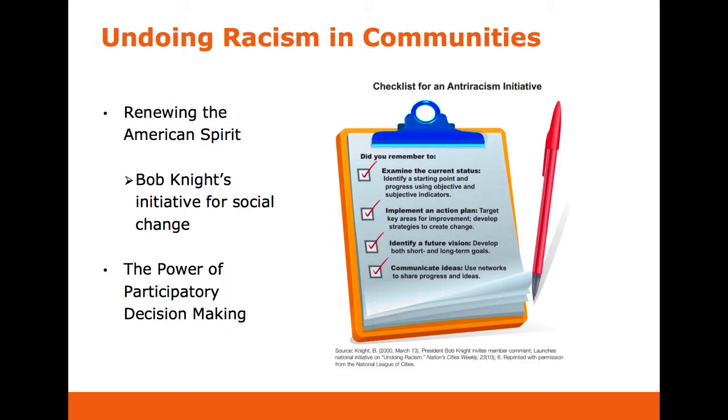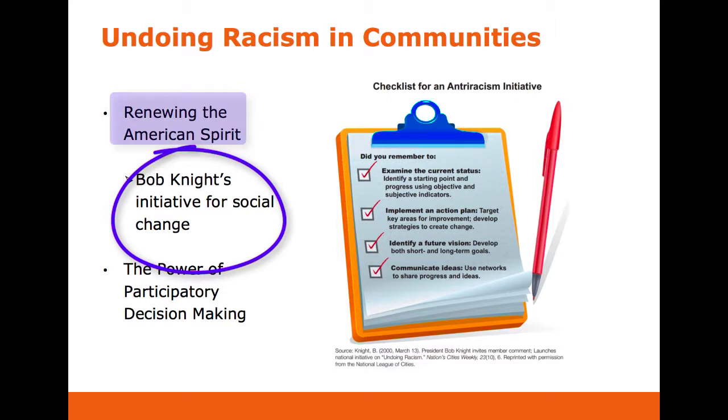Not only our educational system, but also our cities need to consider how to undo racism. Bob Knight, former mayor of Wichita, Kansas, called for a renewal of what he called the American spirit. He believed that to improve equality, racism had to be confronted and addressed head-on.